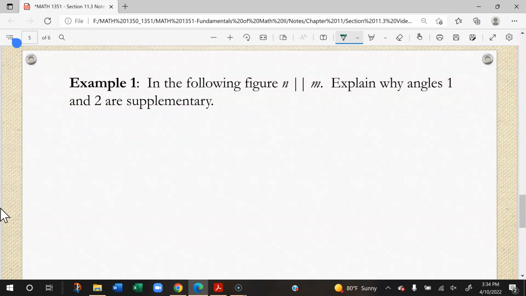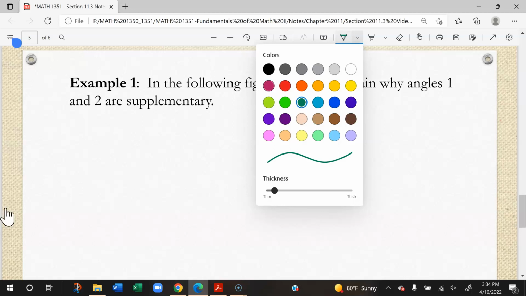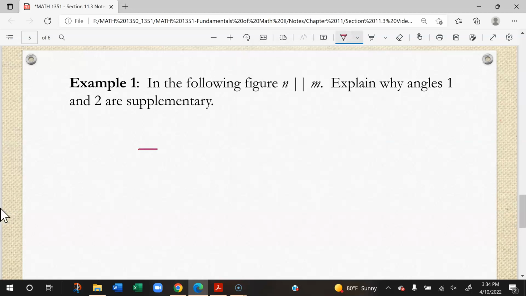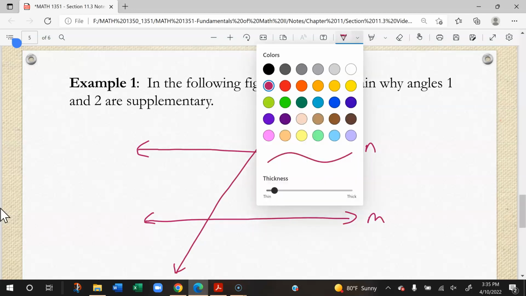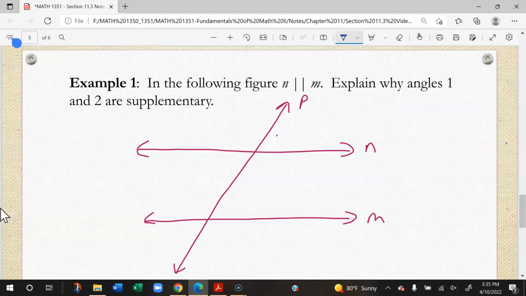So I'm going to attempt, and I do say attempt, to draw. Not too bad. There's line N, and there's line M, and I'm going to cut it with line P. There's line P. Okay. And I'm going to label that here's angle 1 and here's angle 2.